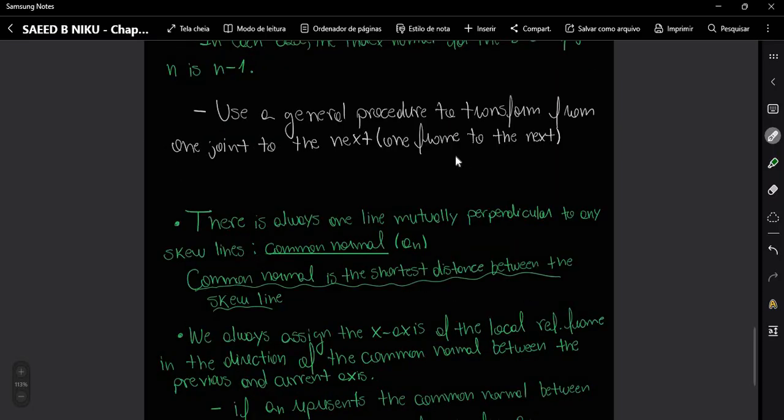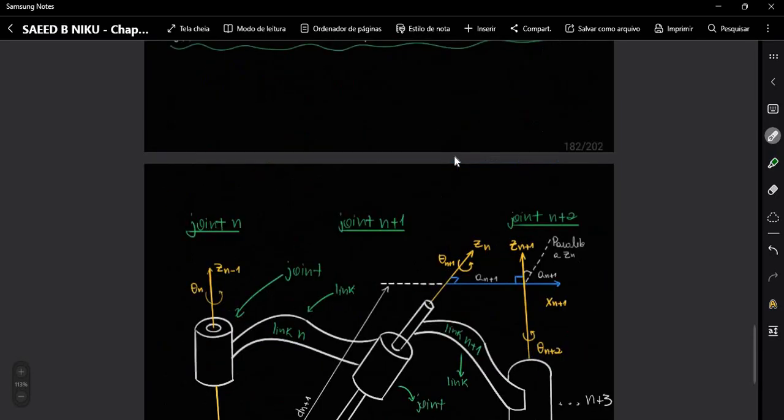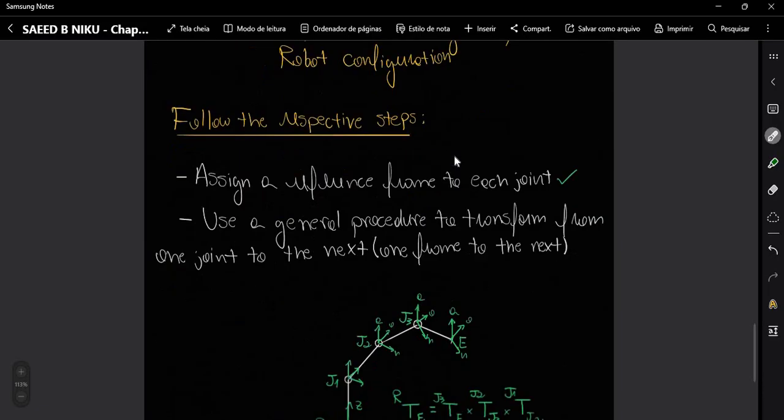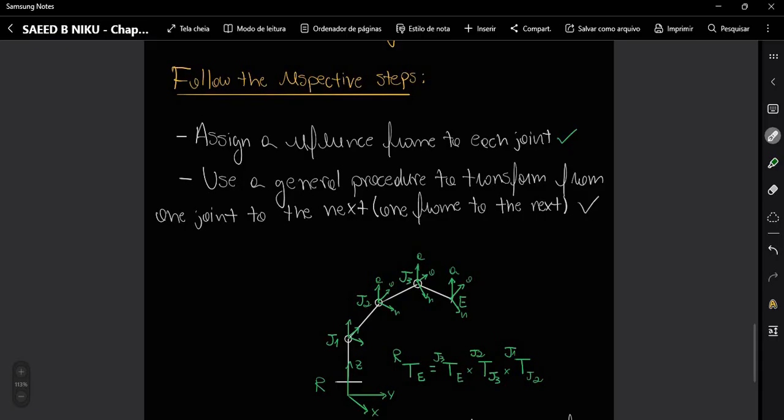This is the general procedure to transform from one joint to the next. Right here, we have these two steps that we need to take. Within these steps, we have another detailed sequence of steps that we can follow in order to accomplish our goal, which is to transform from the local reference frame to the next reference frame using DH.